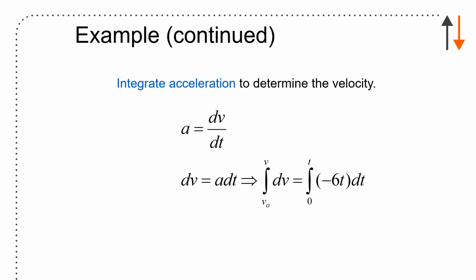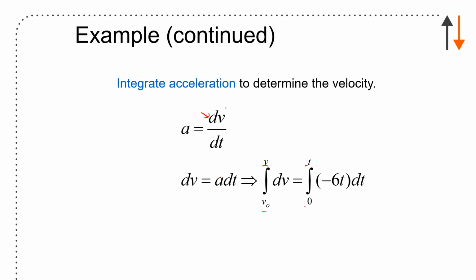So integrate acceleration to determine velocity. I have acceleration, which is equal to dv/dt. And I know I can integrate that. The only thing I have to be careful about is setting up my acceleration terms. So I split it up into parts, dv equals a dt, and then I integrate from the initial velocity to the final velocity of interest and time, starting at 0 time.